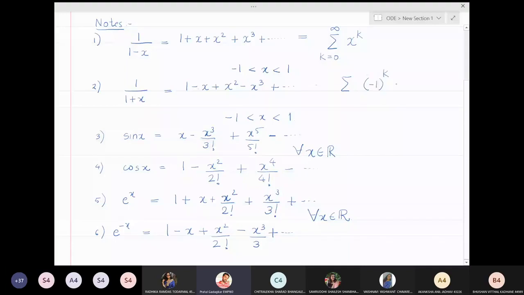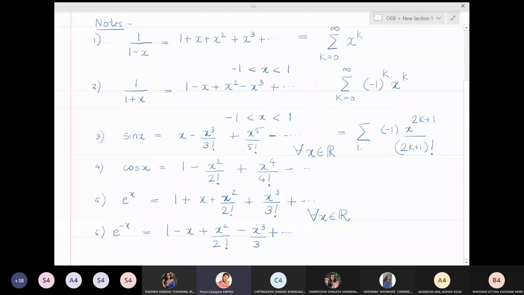Sin x can be written as minus 1 power, let us decide that, x power 2k plus 1 upon 2k plus 1 factorial, where k goes from 0. If k goes from 0, I will get x raised to 1 upon 1 factorial.